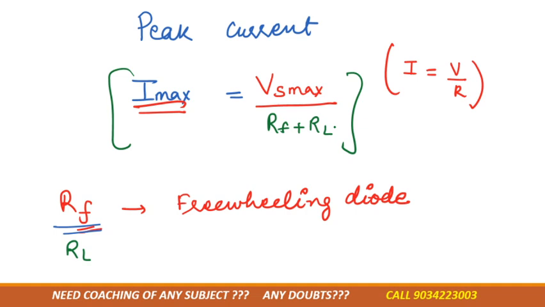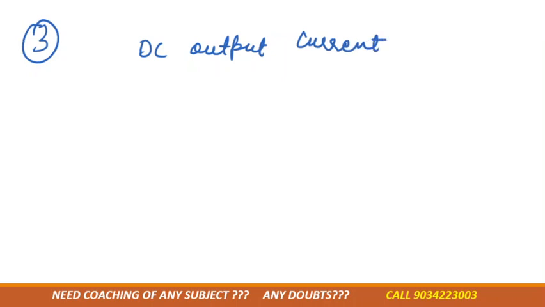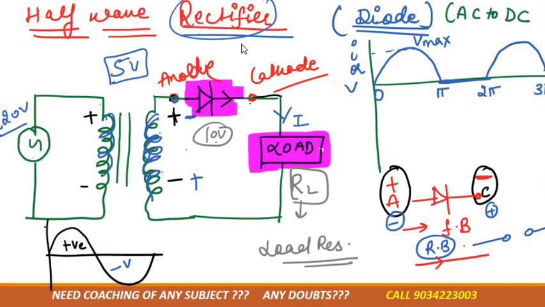Okay, clear this thing? Next, the third thing which you have to remember: DC output current. Can you tell me, as you know, this is the rectifier. So the rectifier is converting AC to DC.